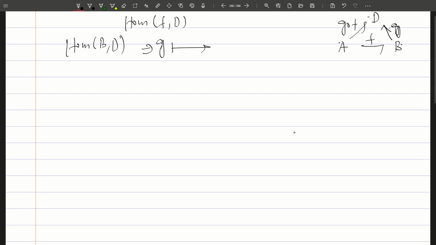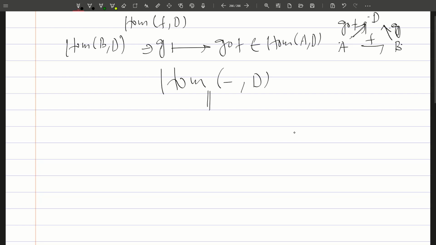So this g is carried to the element g composite f. So one should see here, this g composite f is actually an element in Hom(A, D). So we can prove this is a functor on similar lines as we did with the covariant case. But here one should keep in mind that this functor reverses the arrows. So that means this is a contravariant functor.